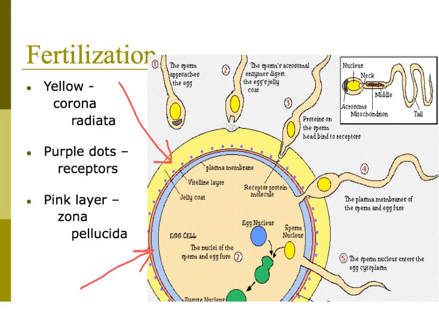Remember, at the very tip of the head of the sperm, we have the acrosome. That acrosome is filled with hydrolytic enzymes, and those enzymes are actually going to break down the barriers around the egg.